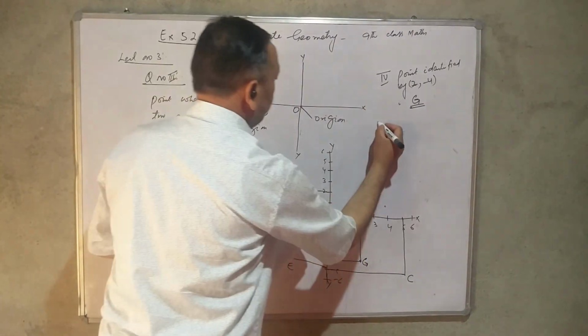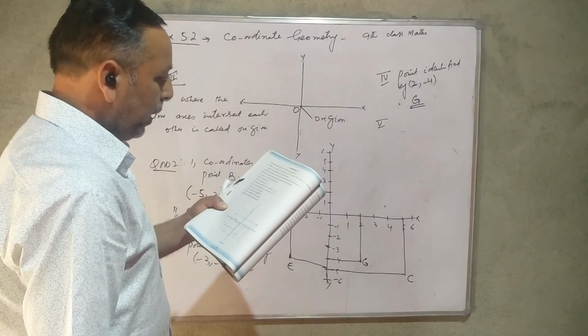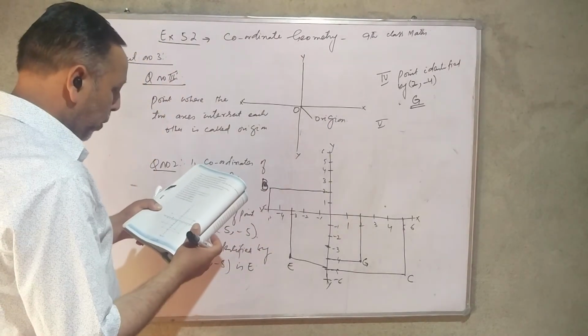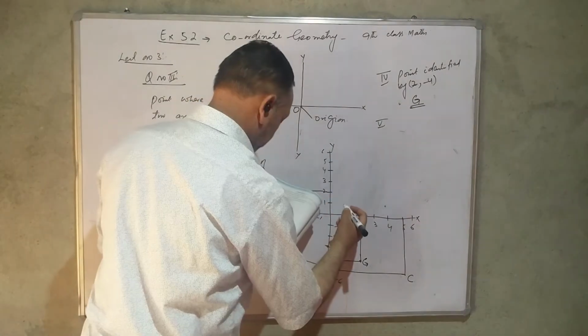The fifth part, the abscissa of point D. This is point D here.